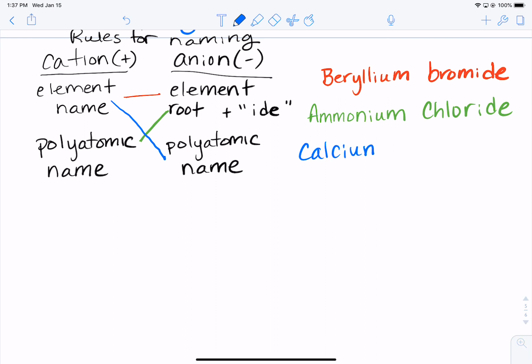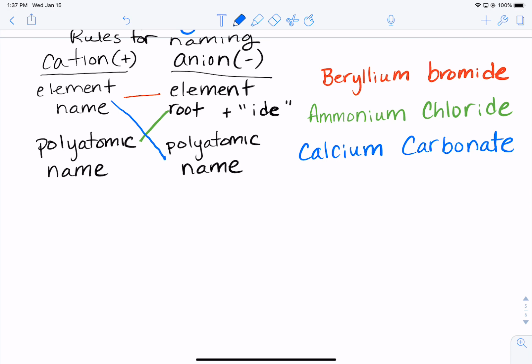That's from our periodic table. And how about carbonate? Notice on your chart, carbonate is one of the polyatomic ions. It's called a carbonate ion. It's CO3 2 minus. You don't have to change the ending. You just simply leave it alone and use the word carbonate.